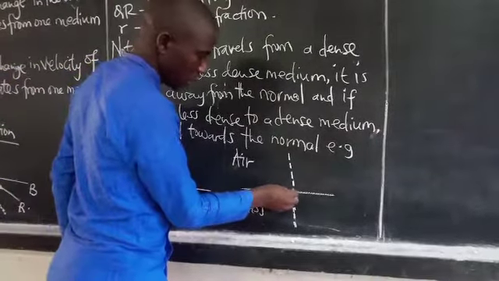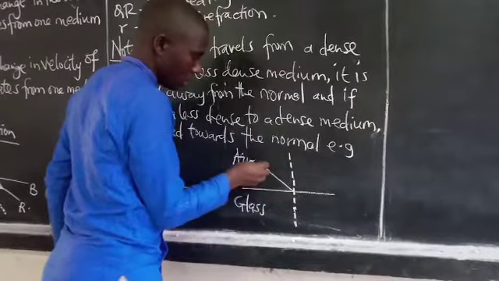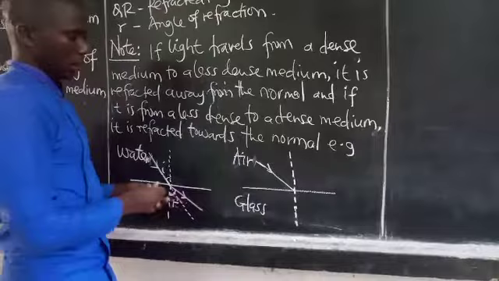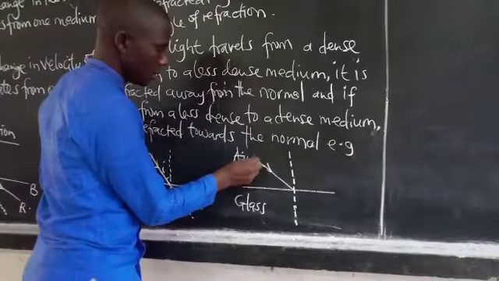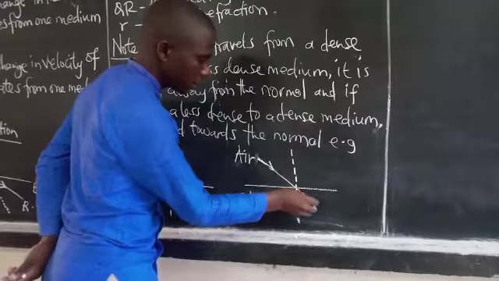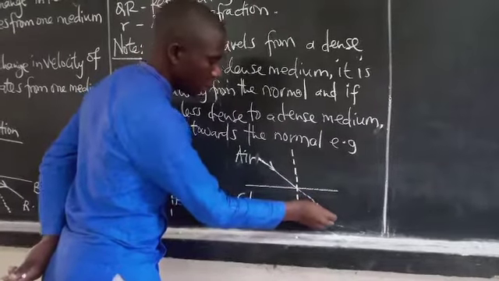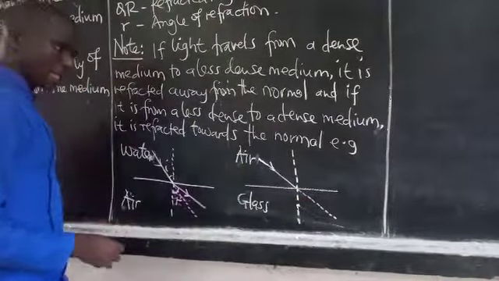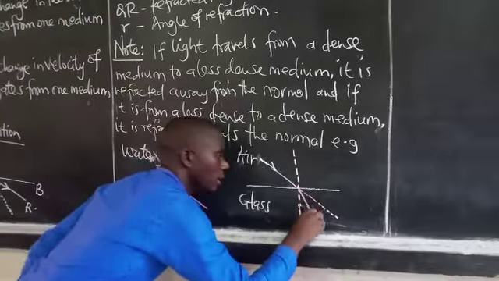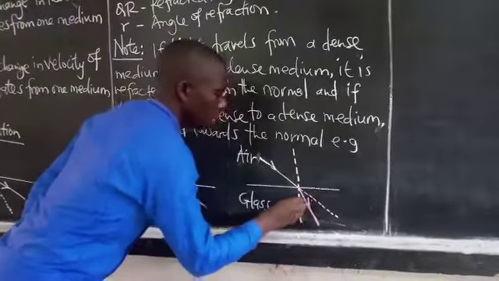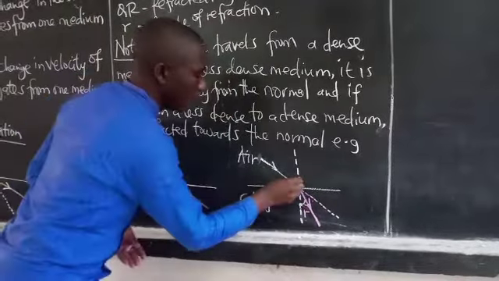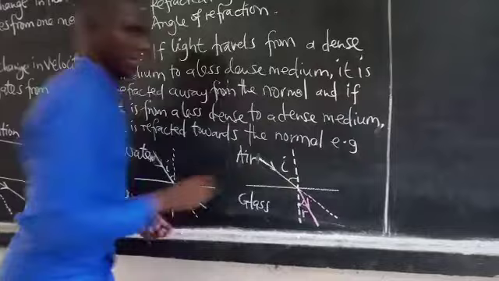So you can have our ray of light. It would have continued like this in a straight line, but there is a change, so it is refracted towards the normal. And this is the angle of refraction, whereas this is the angle of incidence.